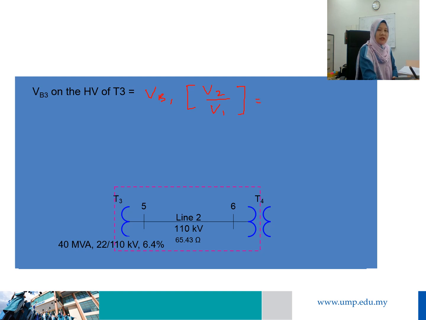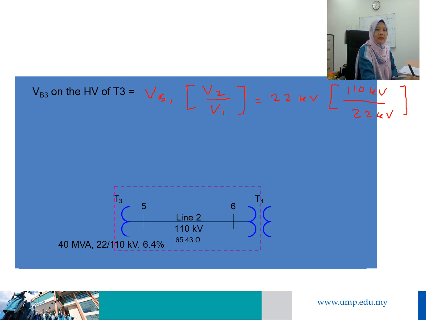So the base voltage for region 1 is 22 kV, multiplied by 110 kV, which is the secondary voltage of transformer T3, divided by 22 kV, which is the primary voltage of transformer T3.